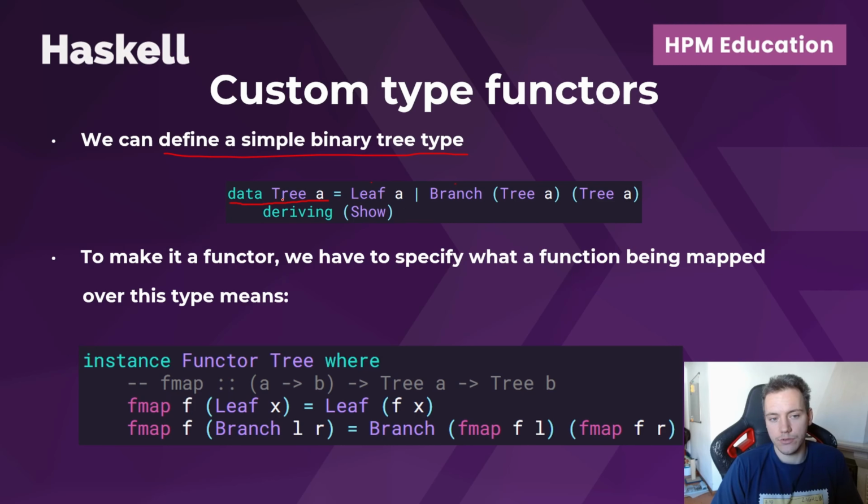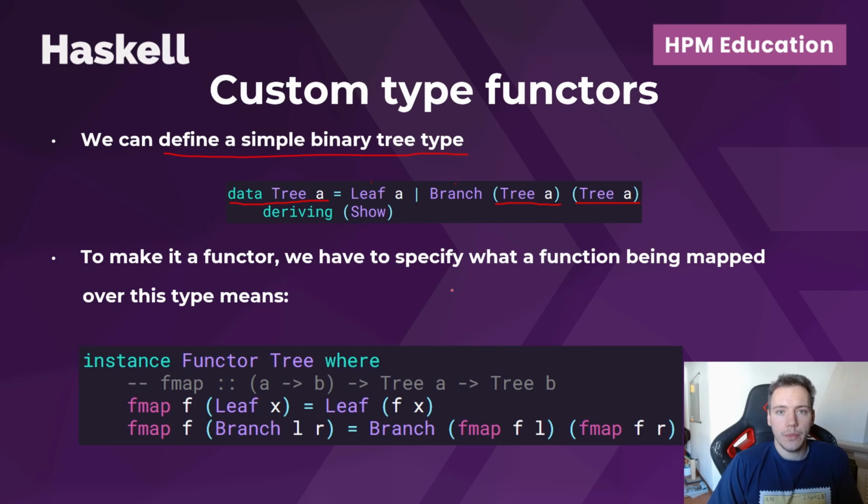The tree type is either a leaf or a branch, and leaves carry values, and a branch by itself does not carry any value. Instead, it has two children, Tree a and Tree a, so left and right side. Only the leaf nodes carry a value a. Okay, that's just this implementation of a binary tree.